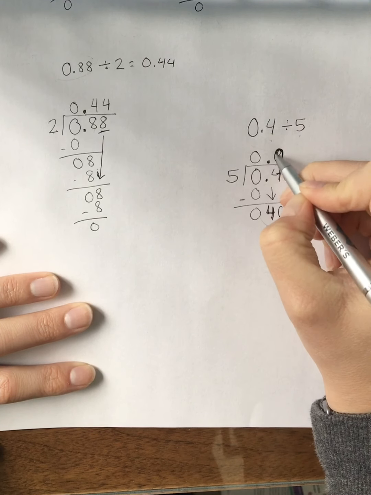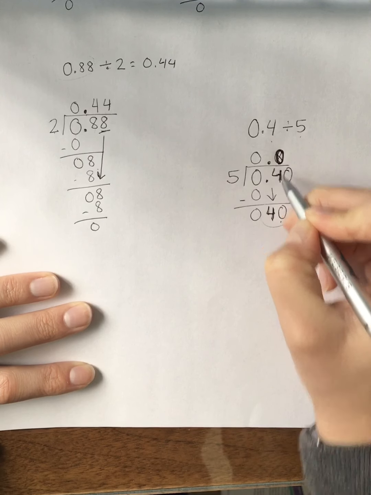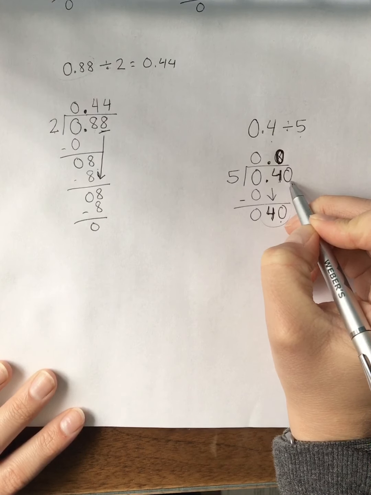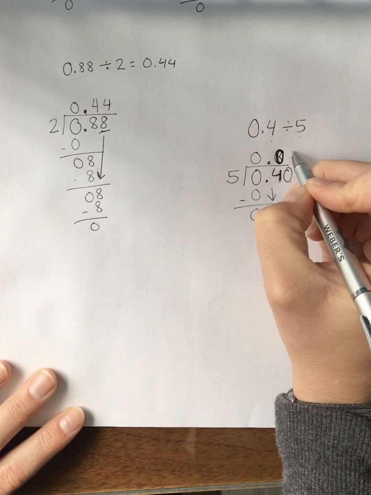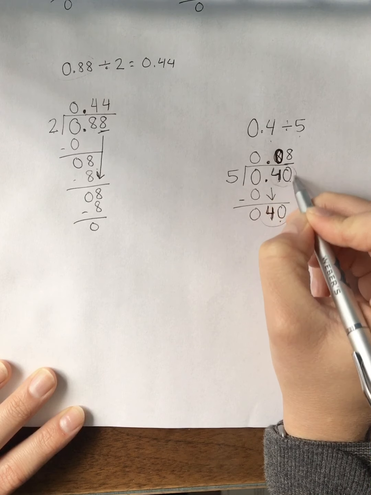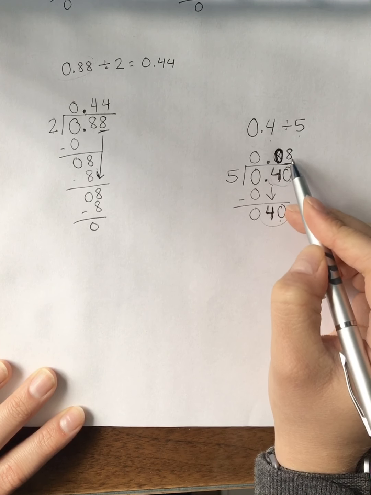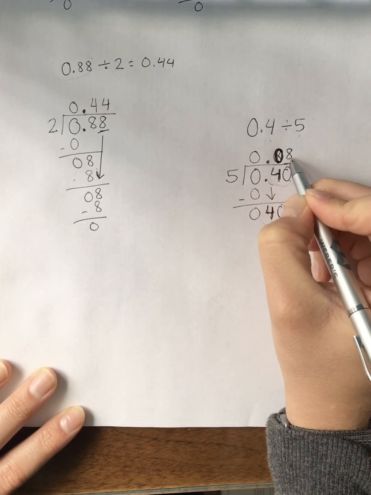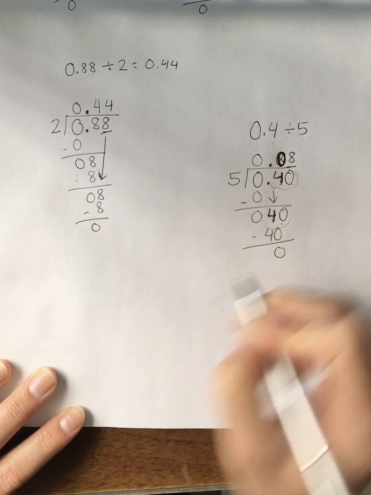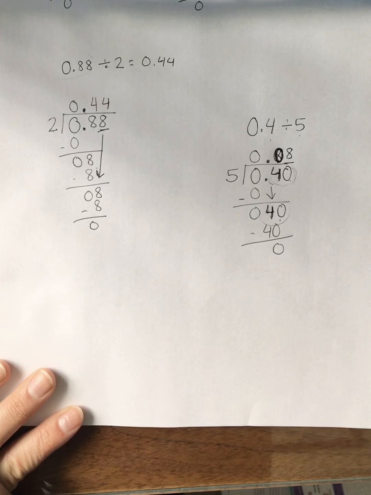That 8 doesn't go right above the 4 because it's not going into just 4, it's going into 40. So I need to make sure I put that 8 in the right place value. I put it over the 0 because 8 is going into that whole number 40, right? So I put a 0 and then I write my 8. 8 times 5 is 40. When I subtract, I get a remainder of 0.